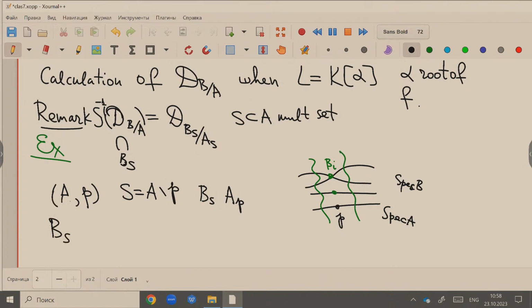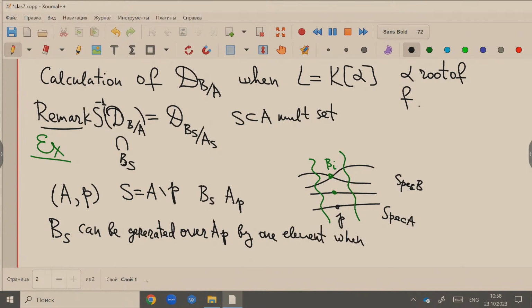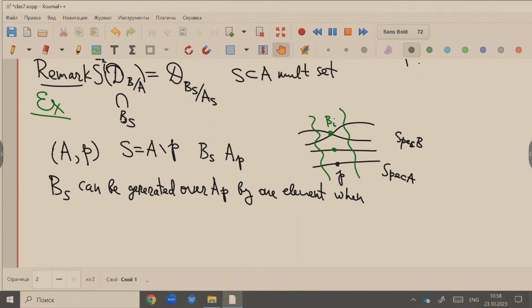BS can be generated by one element over AP when the extension of BS modulo B is separable over AP mod P. So we have proved that in this case we can generate by one element.